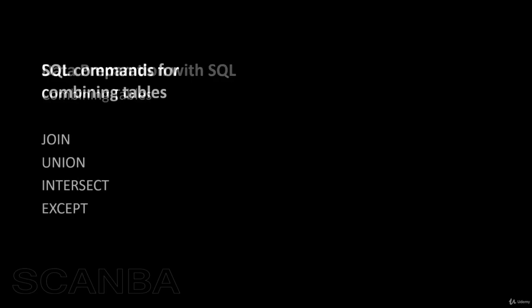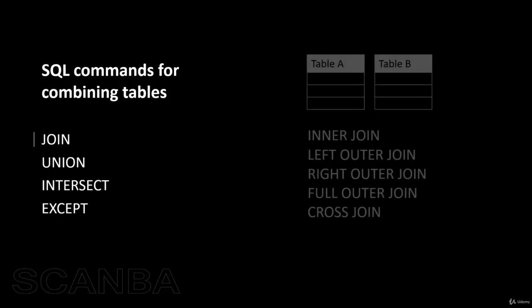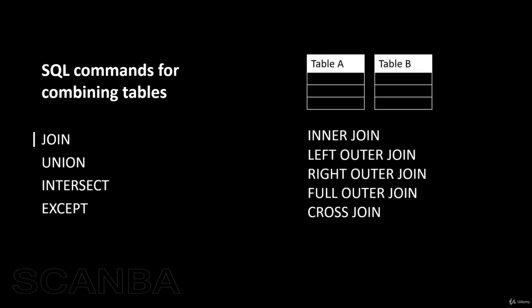Combining Tables, Part 1. You might hear the term joining tables, which is a common operation in SQL. However, the range of commands that SQL Server has for combining tables is wider. We will cover joins, union, intersect, and except. Table joins is one of the key features of the structured query language.